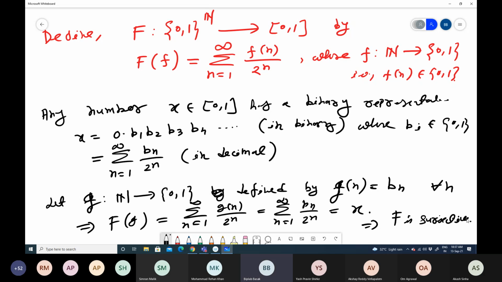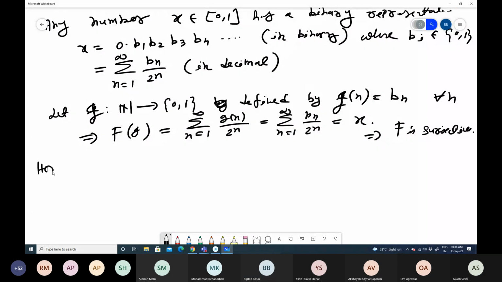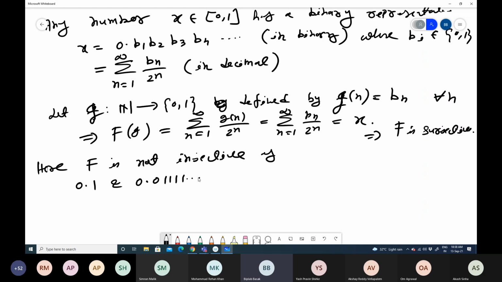Now can you tell me, is it bijective as well? That means, is it injective? No, sir. Why? Because 0.1 and 0.01111111 are the same value. Exactly. So in other words, F is not injective, as 0.1 and 0.0111 are the same.